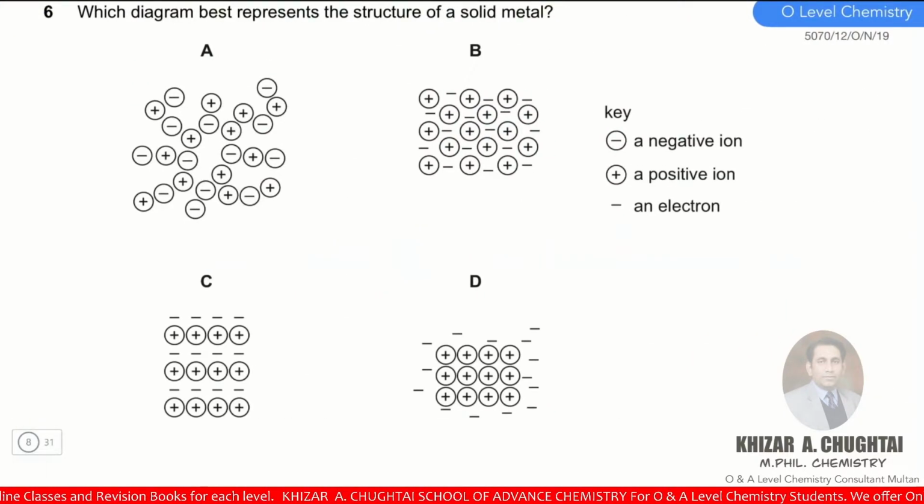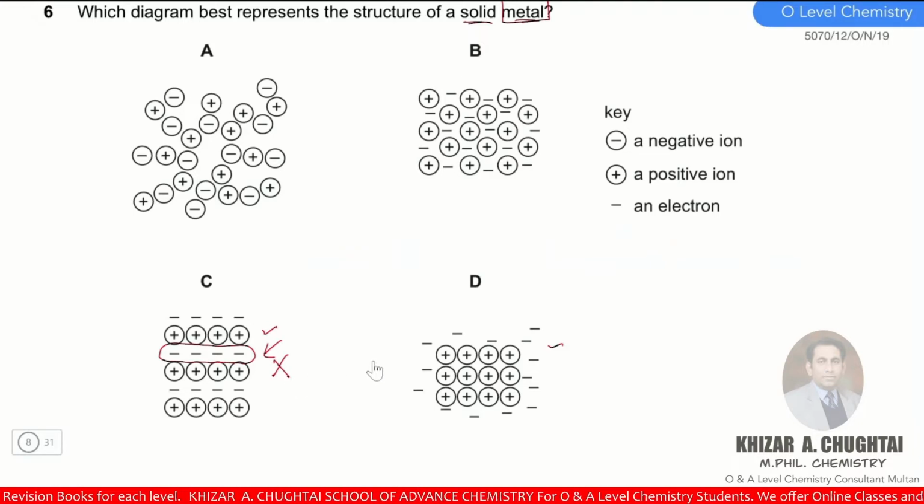Question number 6. Which diagram best represents the structure of a solid metal? In a solid metal, there must be layers of static positive ions, and there must be delocalized electrons as well. So a regular pattern of positive ions; these two may be the correct options. In this one there is delocalized electron between the layers of positive ions.